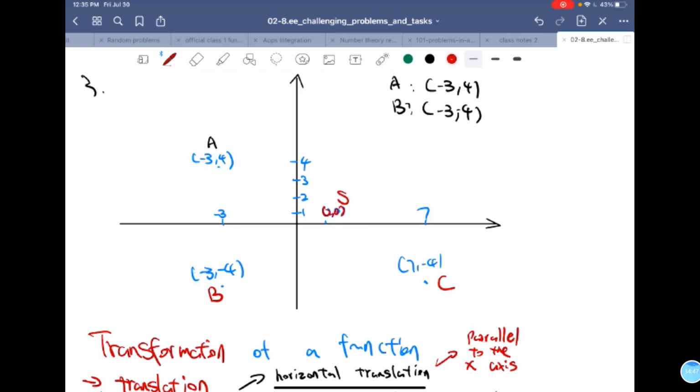Sure. Between -3 and 7, there are 10 numbers. If you divide 10 by 2, because you want the midpoint, and mid is like half, it equals 5. Either -3 plus 5 or 7 minus 5 equals 2, and that is the x.